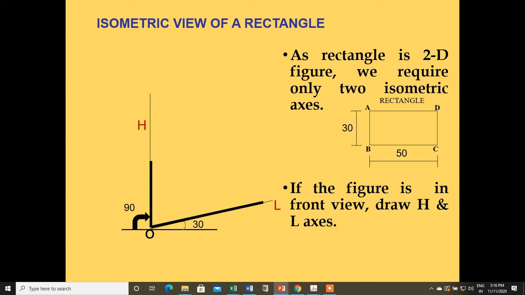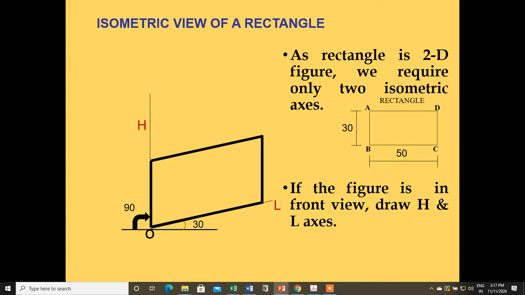Now as it is a rectangle, we just have to complete this figure. Draw another line parallel to the line drawn along the length axis, of length 50 mm, and again draw a line parallel to the height axis line. This completes the rectangle in isometric view.